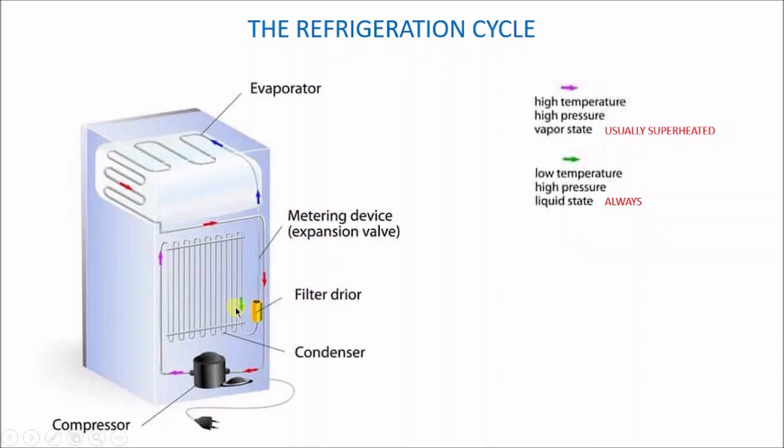Then after the condenser, the liquid will go to the filter, but like I said earlier, the filter is not of any interest as far as the physics of refrigeration are concerned. And then after the refrigerant passes the filter, it gets here where you have the throttle regulator, or the throttling device, or you could call it the metering device, or the expansion valve.